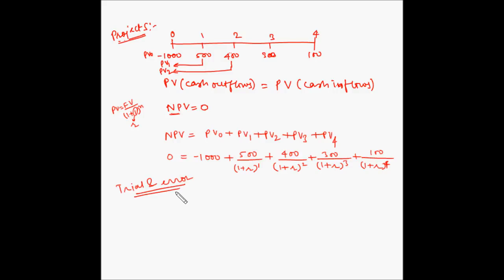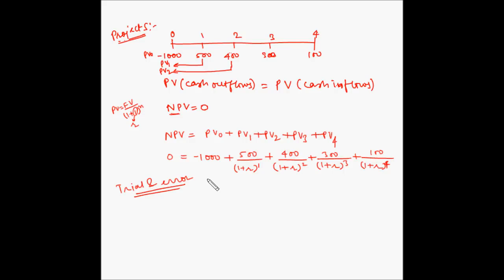So in the trial and error method, the approach is to select any discount rate to compute the present value of cash inflows. Now there will be two possibilities. One is that the value of this right hand side is greater than 0.